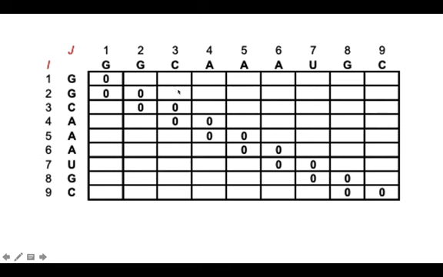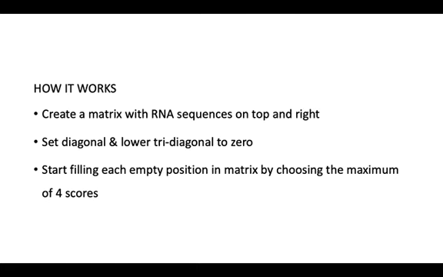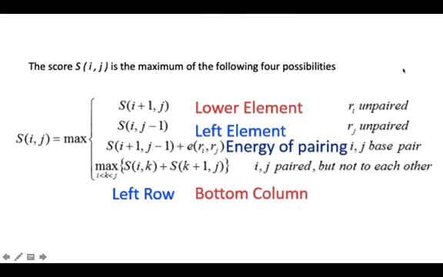If for example I am taking this, I+1 means the lowest one, and J remains the same. Then (i, j-1) is the left, the previous element to that position, and this one is the diagonal, and we also add the energy of the pairing. And this is the summation of the left row and bottom column.